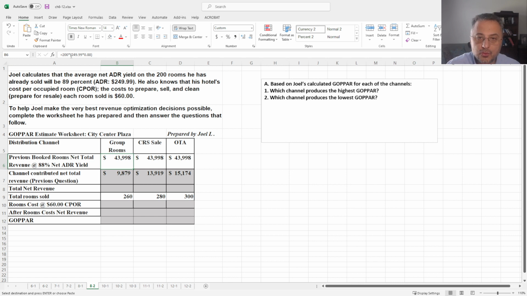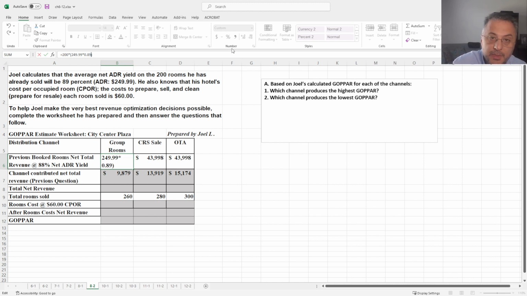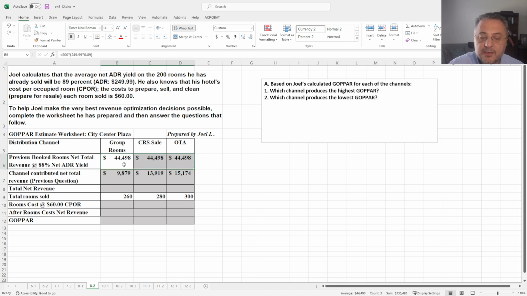He sold 200 rooms for $249.99, and oh, okay, we made a little mistake. It's supposed to be 89%. Let's recalculate this. Given the 89% after the franchise fee and marketing fee, this is how much he generated. This is basically the hotel overall reservation and sales using their own resources. And these additional things, group room, CRS, and OTA, etc., come as additional revenue, which we put over here.